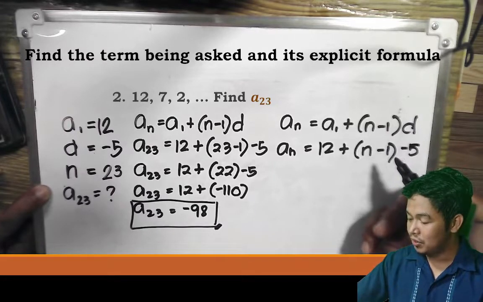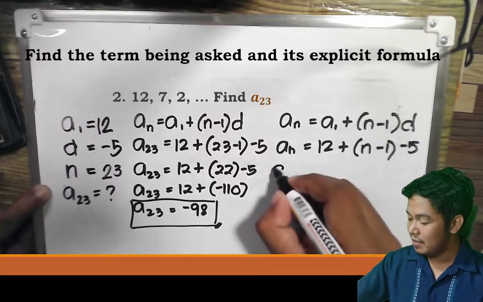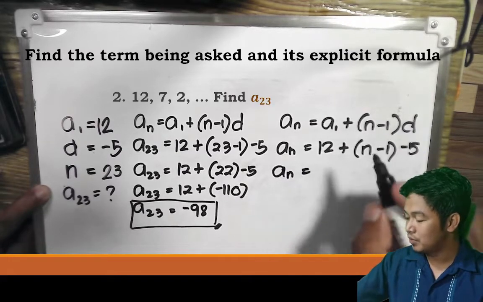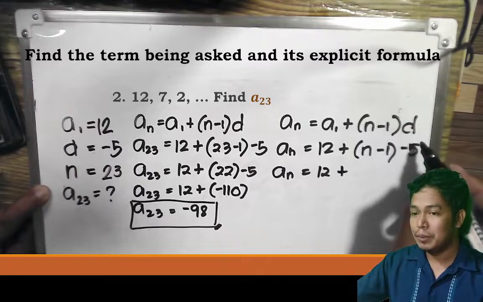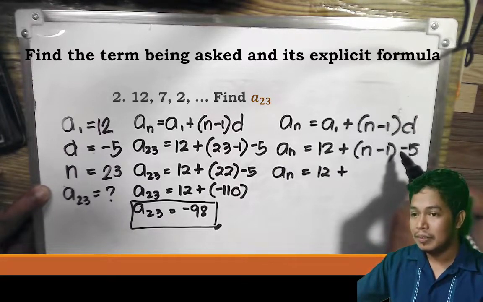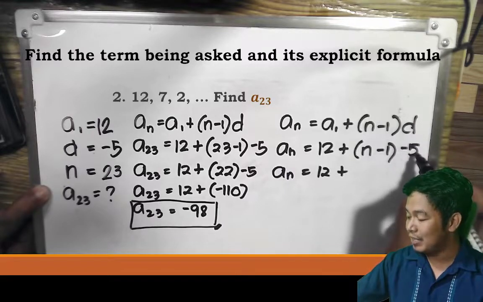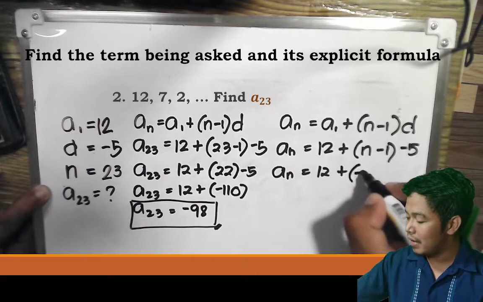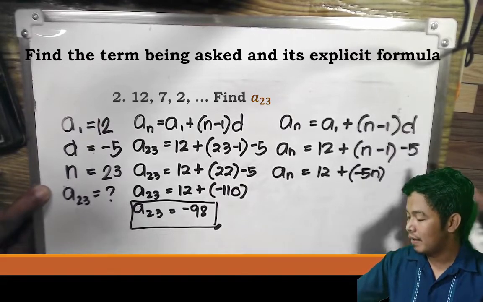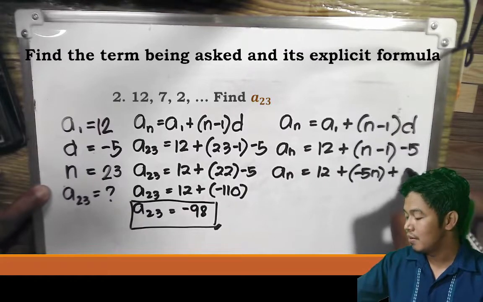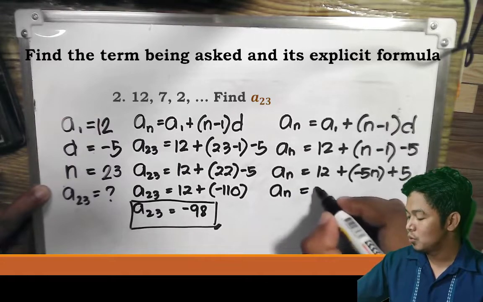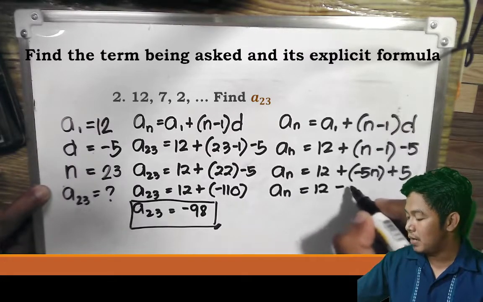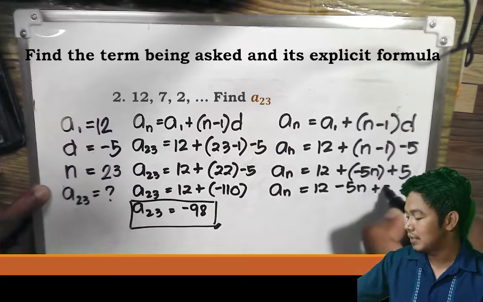So a sub n is equal to 12 plus negative 5 multiplied to the binomial n minus 1, and it will be distributed like this. Negative 5 times n is negative 5n. Then negative 5 times negative 1 is positive 5. Simplify: a sub n is equal to 12 minus 5n plus 5.